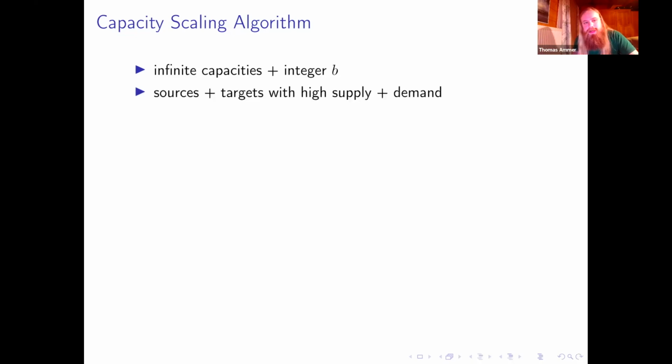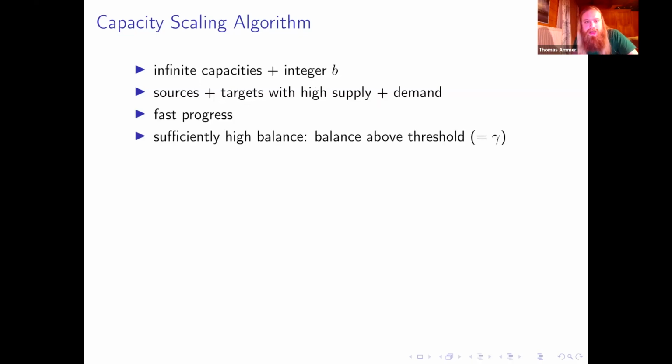But the idea behind scaling is to pick those sources and those targets that have a high supply and demand, and then we can send lots of flow from the source to the target, and that allows us to make fast progress. In fact, it does not have to be a source or a target with the highest possible supply or demand.